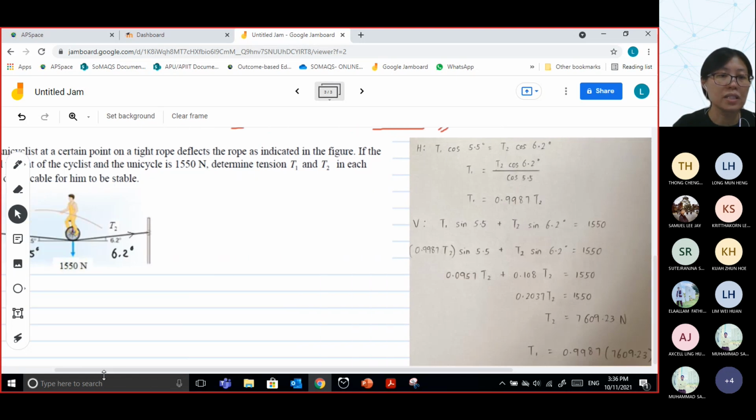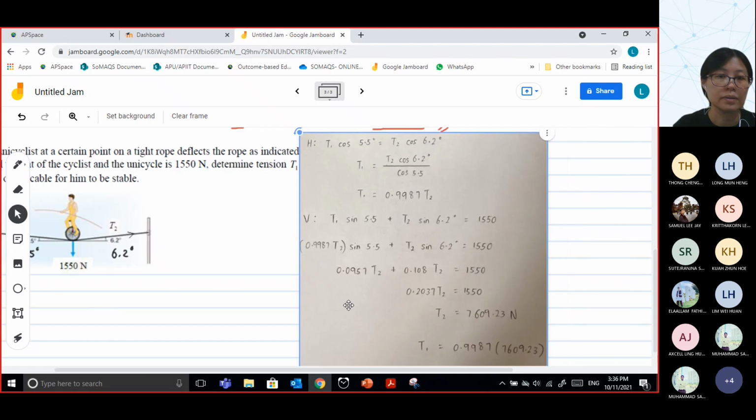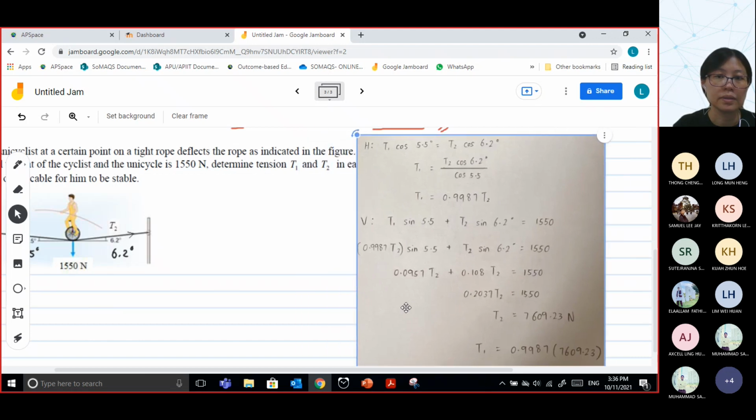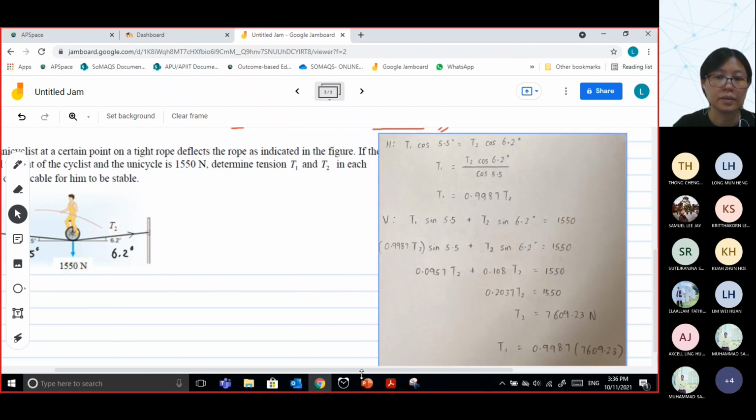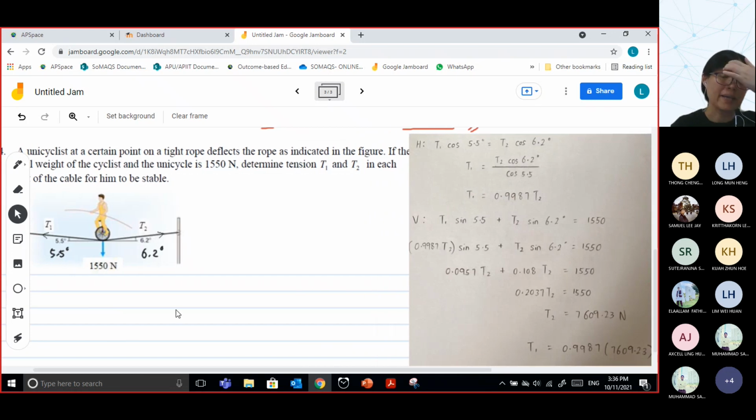First, let's look at horizontal. So guys, you all check your solution as well.